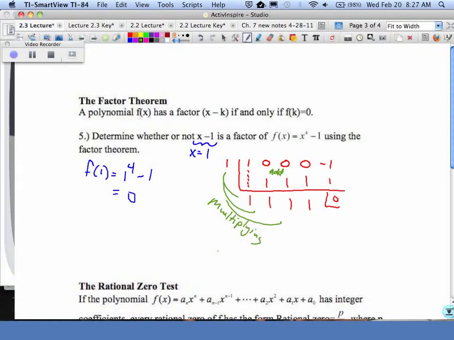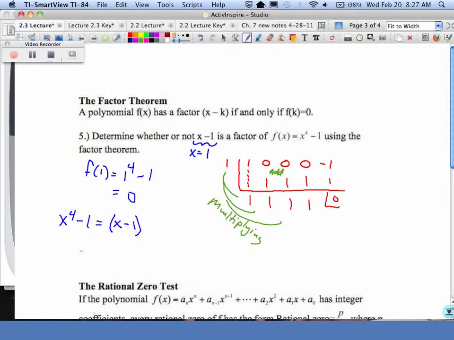Okay, so looking at these two problems, the final thing we can do is say that x to the 4th minus 1 is what I started with. What did we divide by? We divided by x minus 1. And what was our answer? 0.